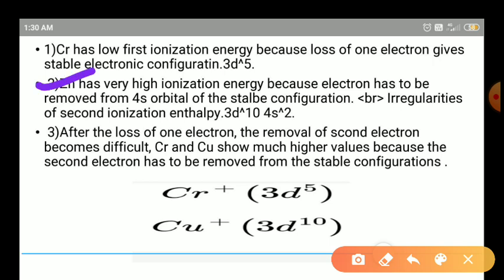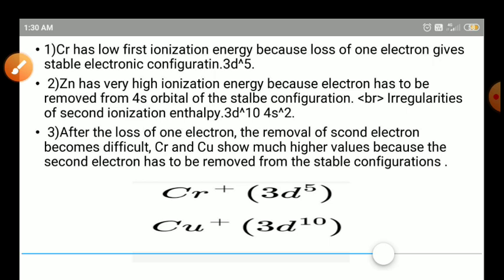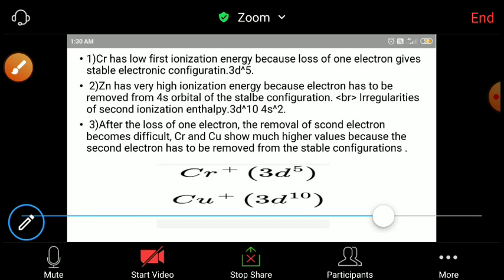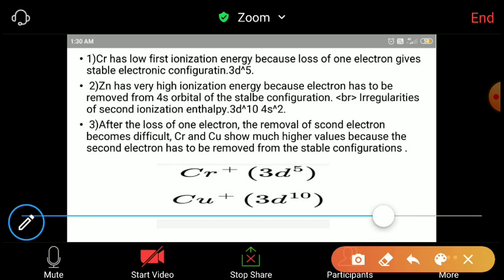Next, zinc has a very high ionization enthalpy, because the electron has to be removed from the 4s orbital. The 4s is also stable because it is completely filled, and the 3d electrons are also completely filled.